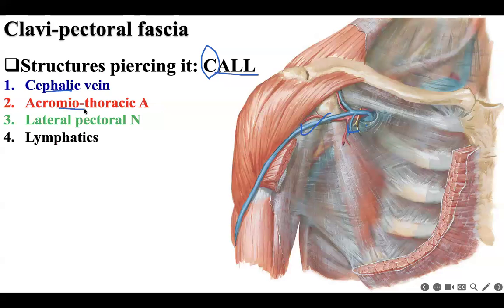It is named the acromiothoracic artery, which supplies the acromion, the breast and the thorax. Also the nerve pierces it to supply the pectoralis major. What is the name of this nerve? Lateral pectoral nerve, and lymphatics finally. So we have many structures piercing this clavipectoral fascia.